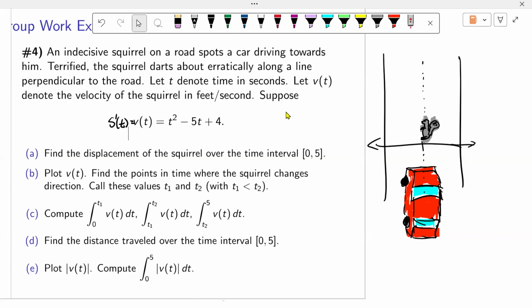It should just be negative 0.833. That squirrel's not going that fast. Squirrel's not hauling.